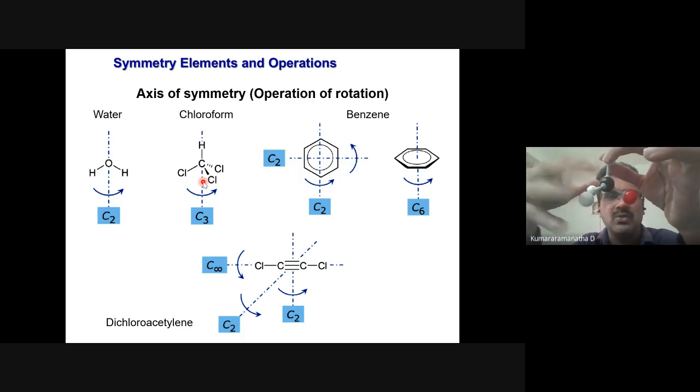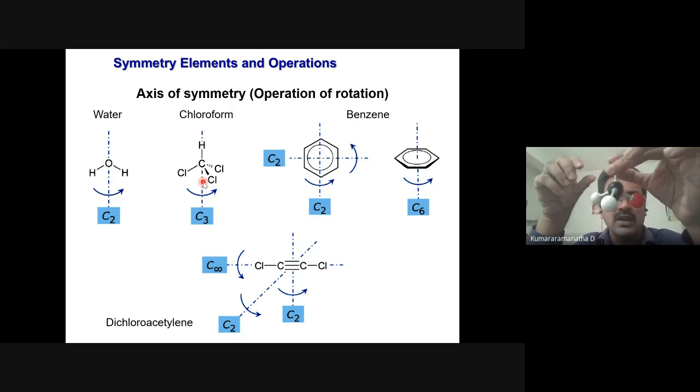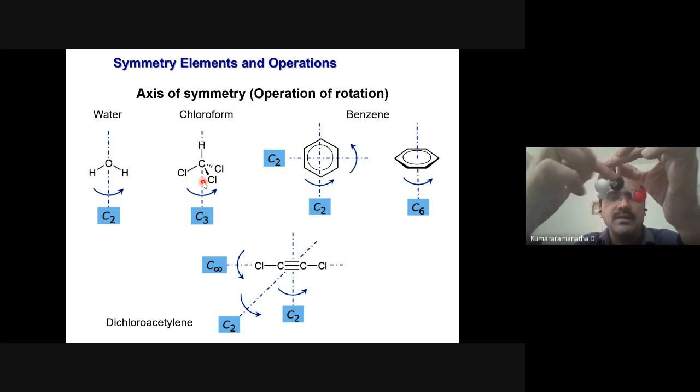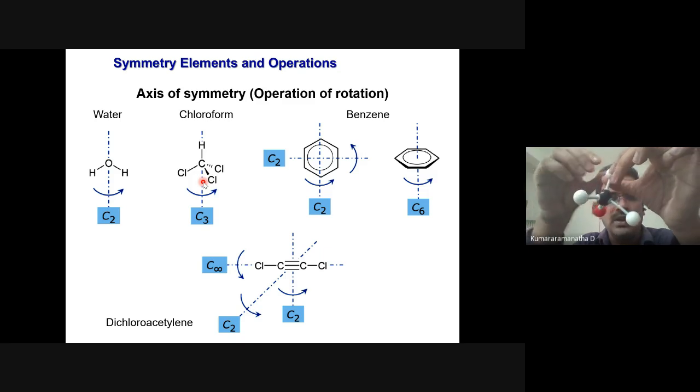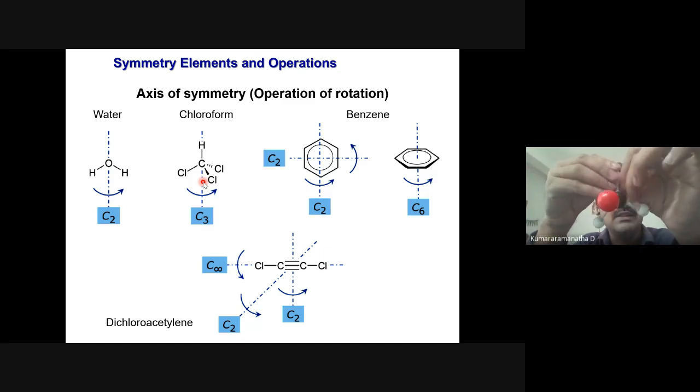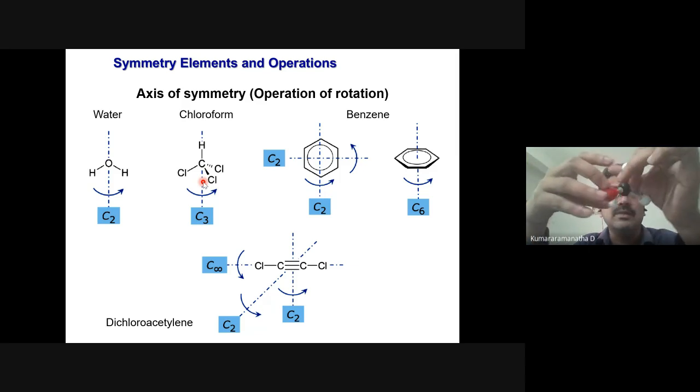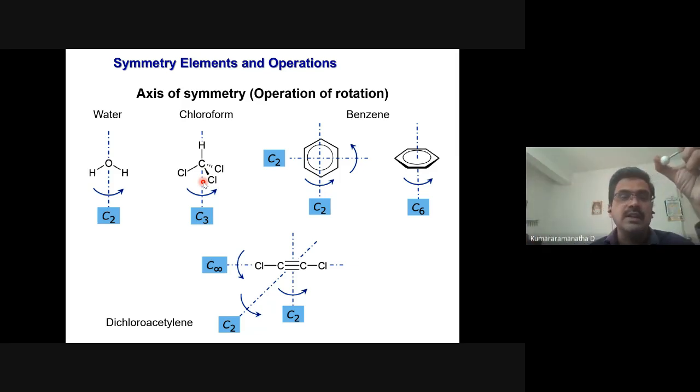Assume that these are all chlorines. Now because these three form a triangle, if you do a 120-degree rotation, which makes all the chlorine atoms the same, so it is C3.